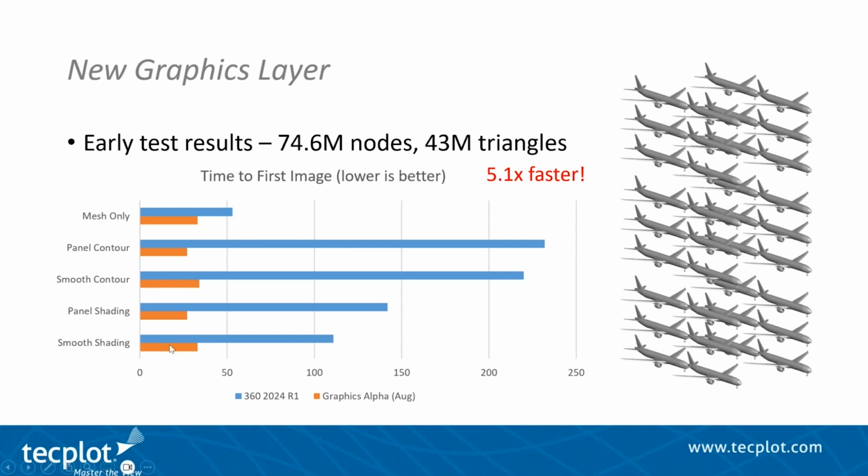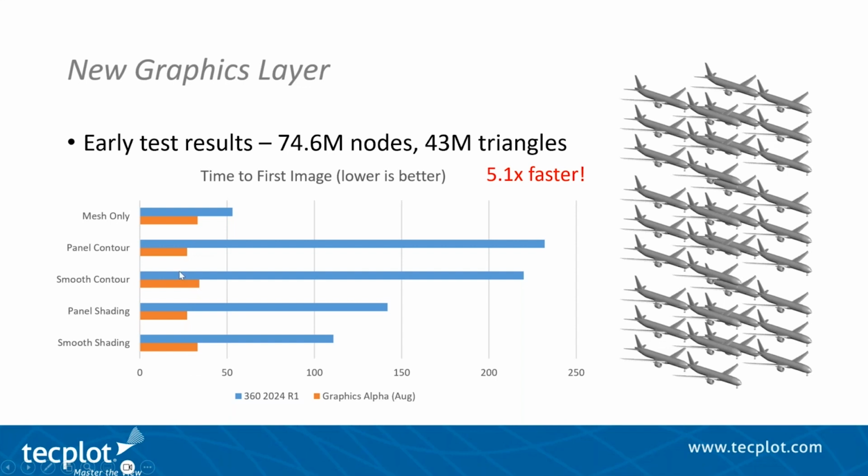Smooth contours and smooth shading, these are going to be the default views that you typically get in Tecplot 360. So when you turn on the contour layer or turn on the shade layer, that's the default. You can see that for contouring we went from over 200 seconds down to under 50 seconds. So quite a large improvement there.